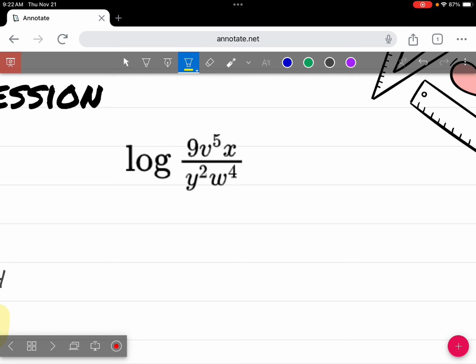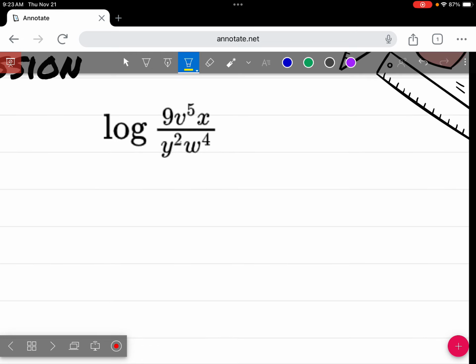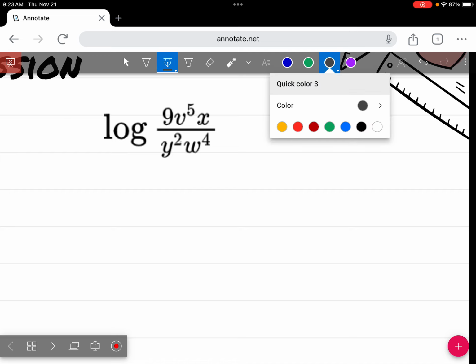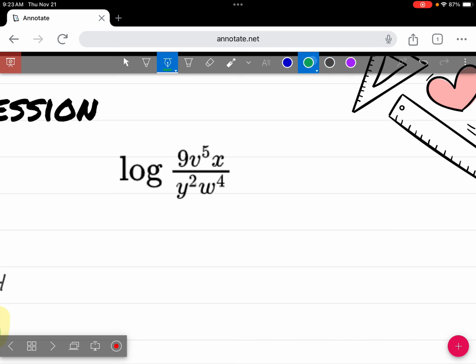Okay, questions on that one? Very similar vibe on the next one. Same kind of process, it just has more pieces. There's one piece we have to watch out and be careful for. Our first is exactly the same. We're going to take our numerator and our denominator and split them.